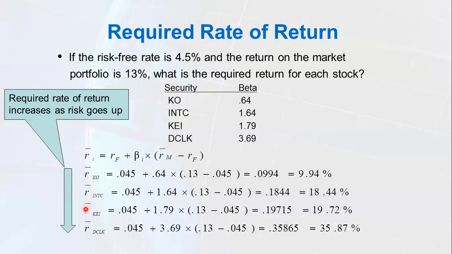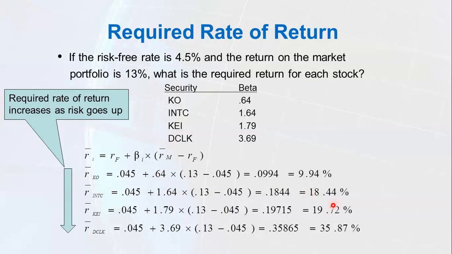Okay, so by doing this operation we have 9.94. So this KO security has 0.64 beta. That means the required rate of return on this security should be 9.94%. And now in this Intel, the only thing changing is beta. So beta increased from 0.64 to 1.64.